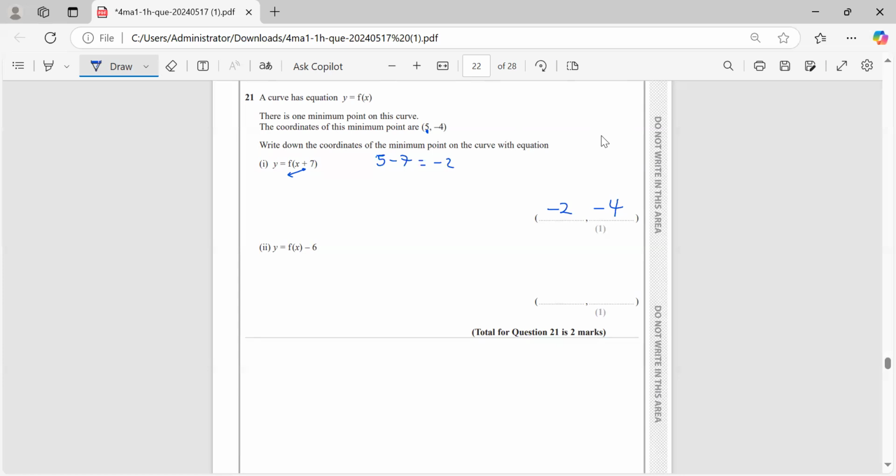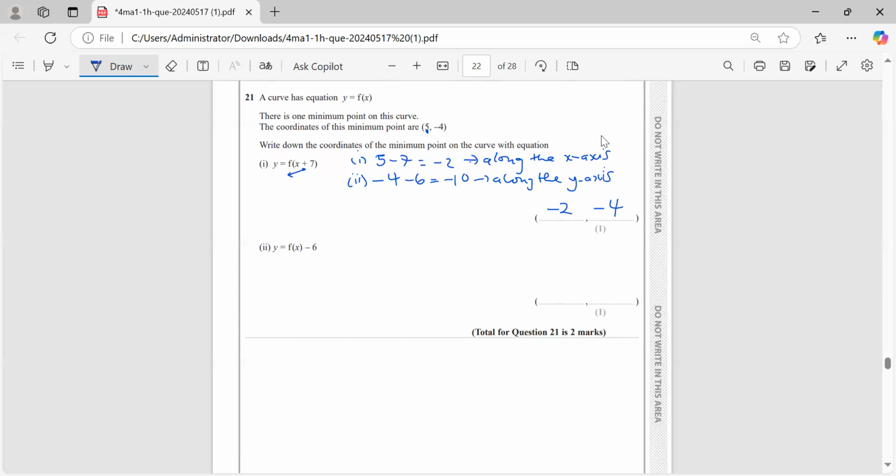So you look at the y value, which is actually -4. So it's going down. So it's -4 minus 6, and then you're going to get -10, right? So the first one was along the x-axis, and this one is along the y-axis.